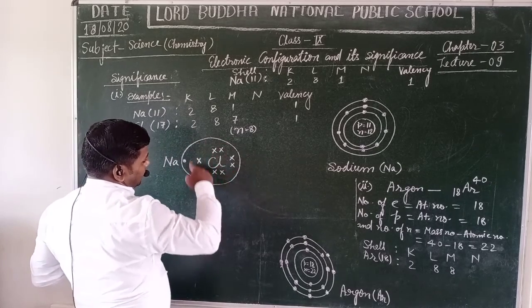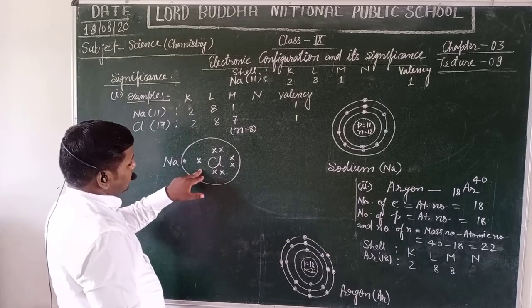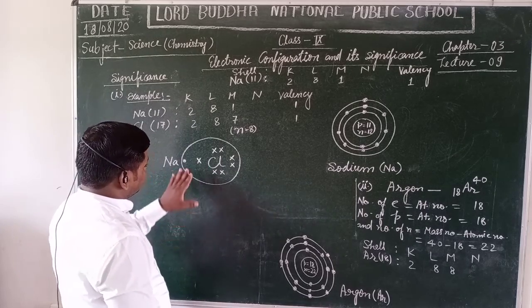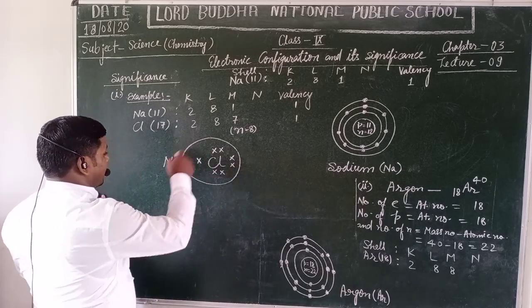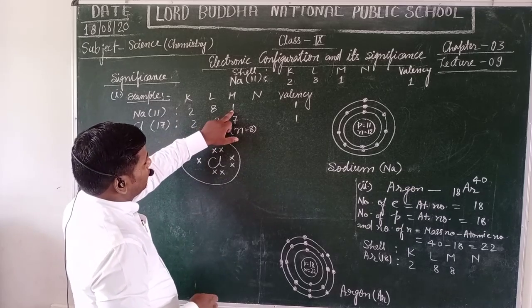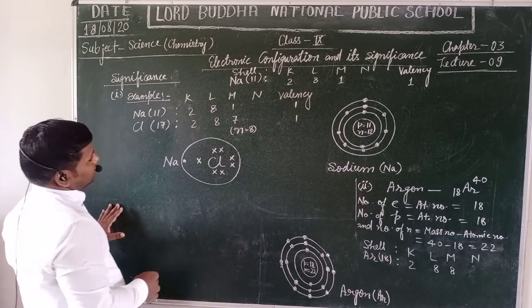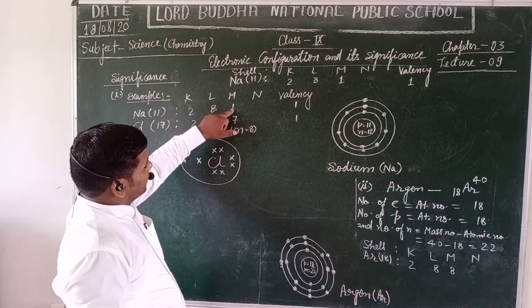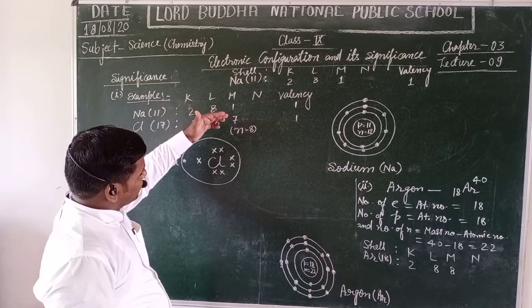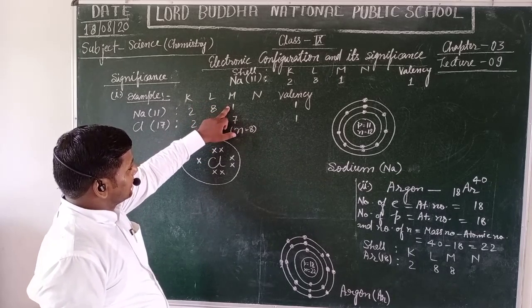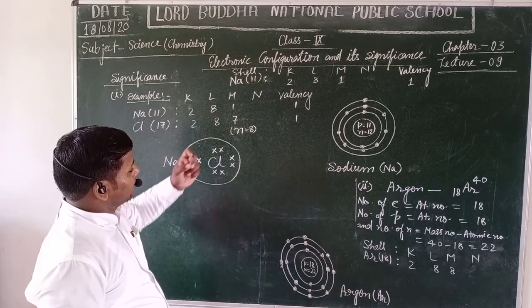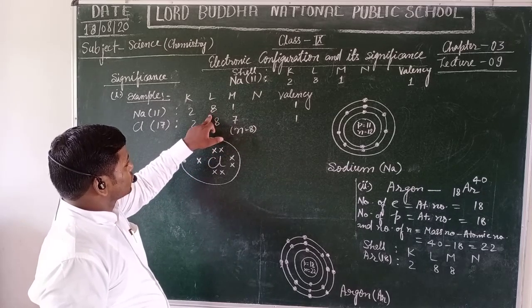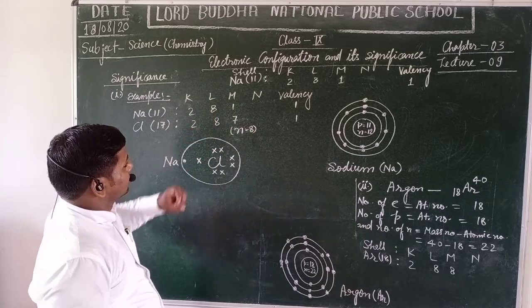Then the number of electrons in the chlorine atom becomes 8, and sodium also wants to achieve stability by losing its 1 electron and sharing this electron with the chlorine atom so that it can also complete its octet.